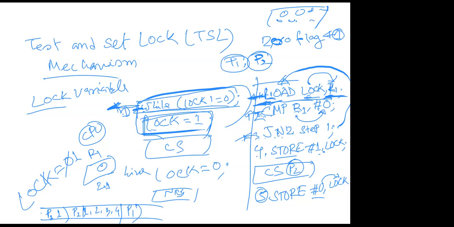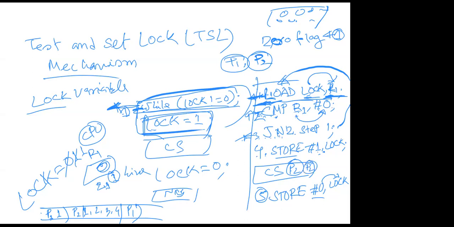When it is restored, R1 is 0 again, and it compares R1 with 0, so the zero flag will be set to 1. Jump if not zero is false because the zero flag is 1. So it stores lock as 1, just overriding the lock variable, and then enters the critical section.